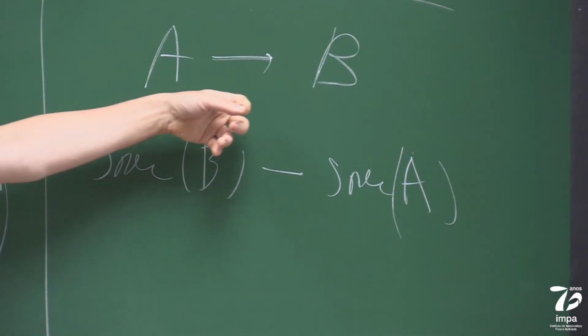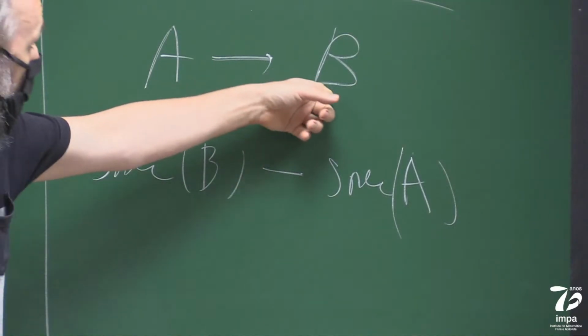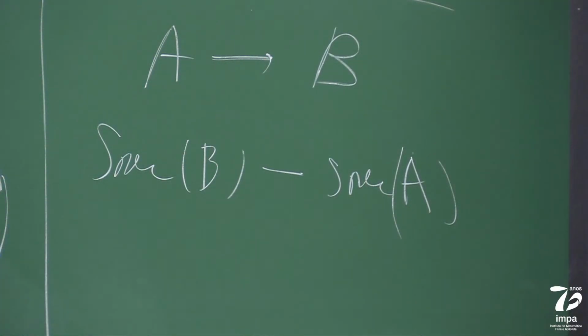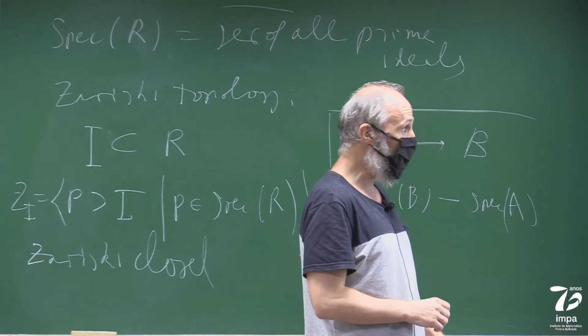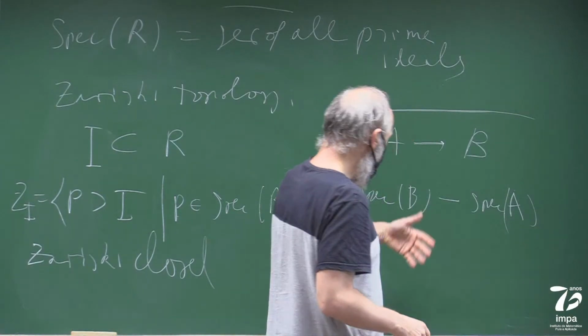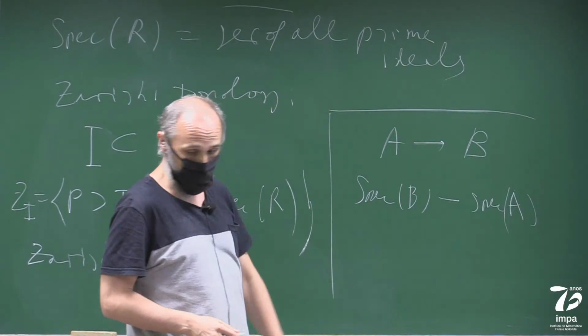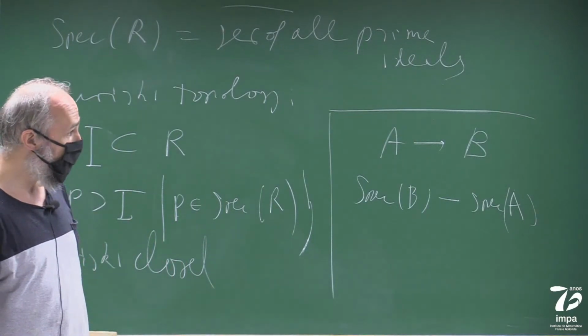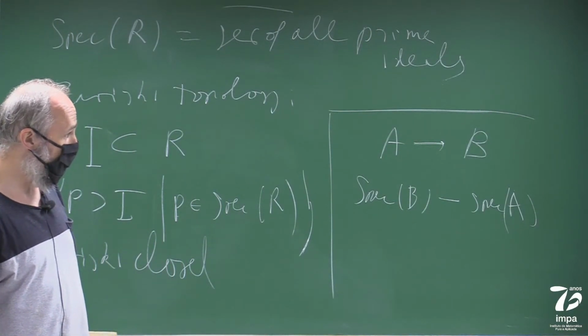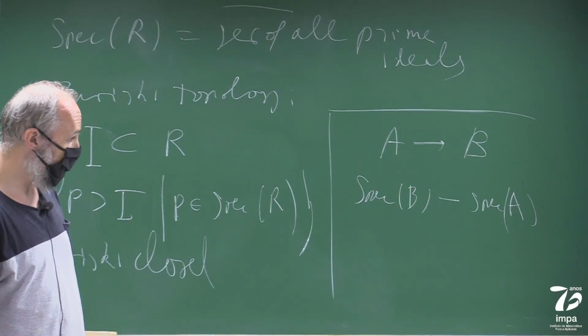You need prime ideals to make it work well, because the preimage of a maximal ideal can be prime. There are lots of examples. So it's really better, if you do abstract algebraic geometry in a general setup, to work with prime ideals. Maximal ideals just don't make sense in that context, unfortunately.